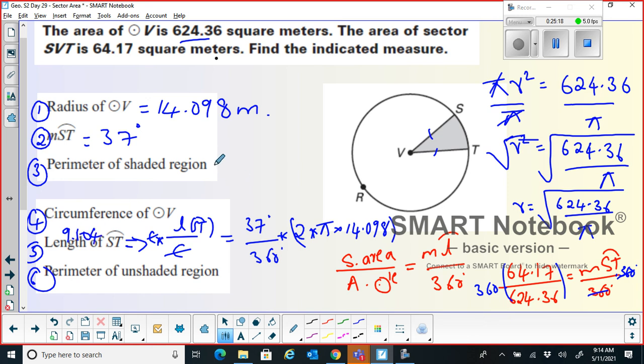Now to get the perimeter of shaded region is nothing but the radius. Now we found the radius, so radius 1, once we add the radius, then next we have ST, the length of ST which we found as 9.104, plus, once again we have the radius because we need VS plus ST plus VT. So VT is same as VS, that's radius 14.098.